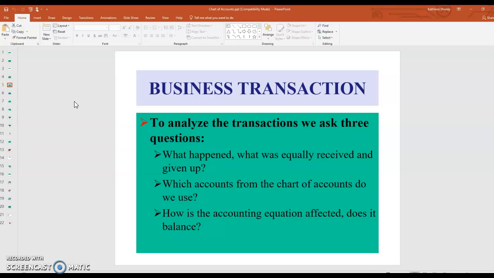And thirdly, how is the accounting equation affected? Does it balance once we get done? If I show an increase in one part of the accounting equation, I need to show an increase in the other part of the equation.